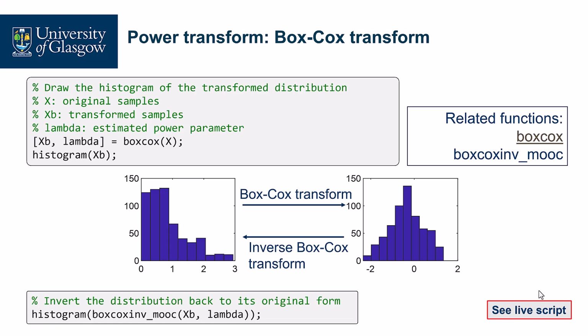So in this session, we talked about normalization, standardization, and the power transform. Power transform has other methods, for example the Johnson transform. This is also widely used, and I don't cover it in this introductory course, but if you are interested, you can learn it yourself by searching the internet.